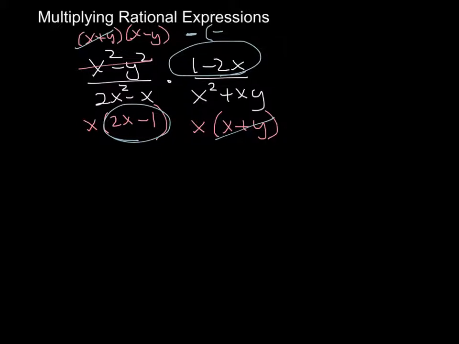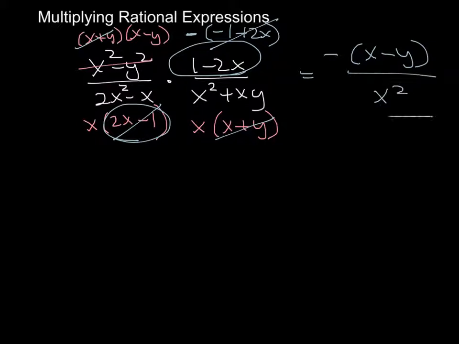I get negative 1 plus 2x, which is 2x minus 1, which cancels and makes a 1 with this 2x minus 1. So here's another 1. So when I carefully rewrite this, in the numerator I have this negative, and I have x minus y. And in the denominator, all I have left is x squared. That is completely simplified and multiplied together.